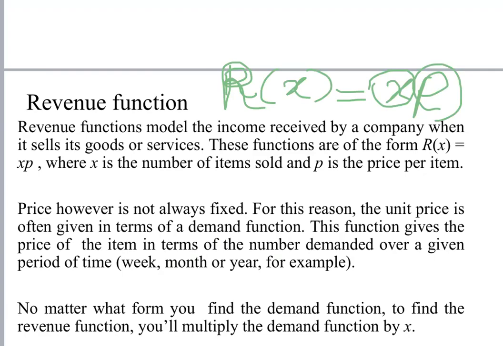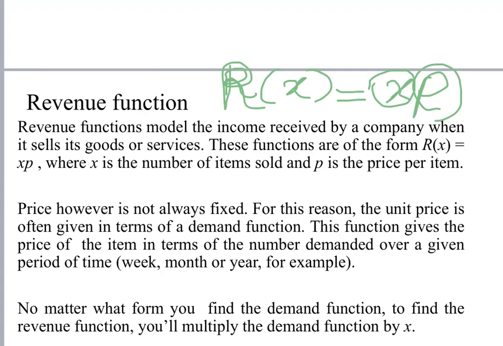However, we know the price is not always fixed, right? It can vary. For this reason, the unit price is often given in terms of a demand function. The demand function represents the relationship between price and quantity.